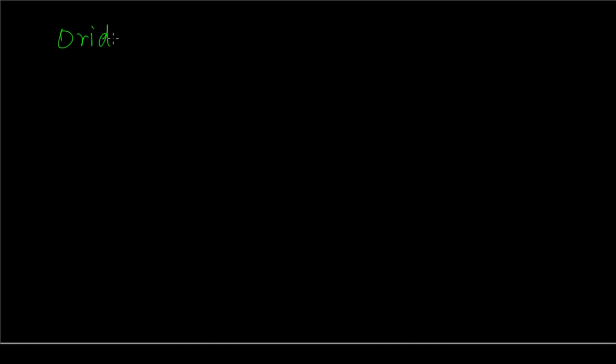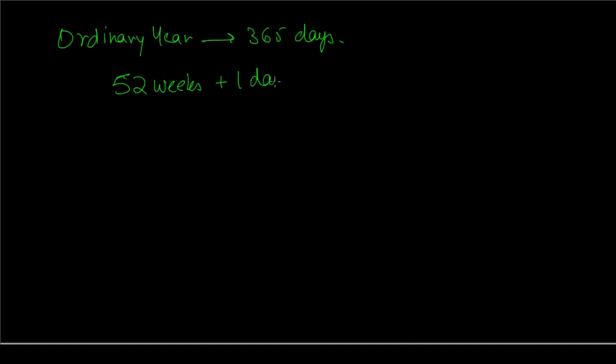Ordinary year means that it has only 365 days. It is not a leap year. There will be 52 weeks, so 52 of each day. Actually, sorry, it can have 53. An ordinary year has 365 days, so it will have 52 weeks plus 1 day.